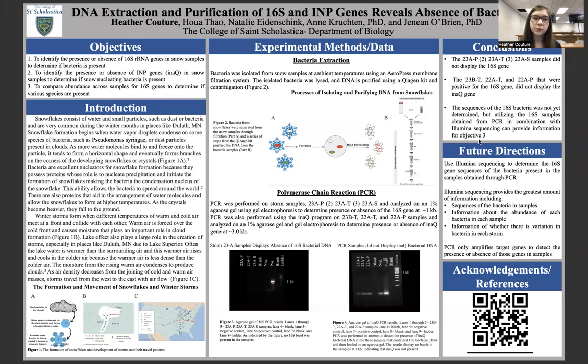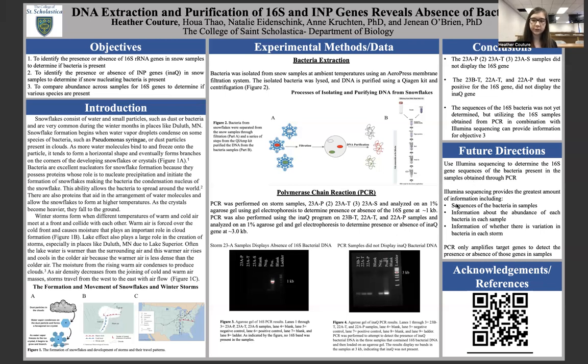Our objective 3, we were not able to meet or implement in this experiment, but our approach to analyzing that would be using Illumina sequencing.